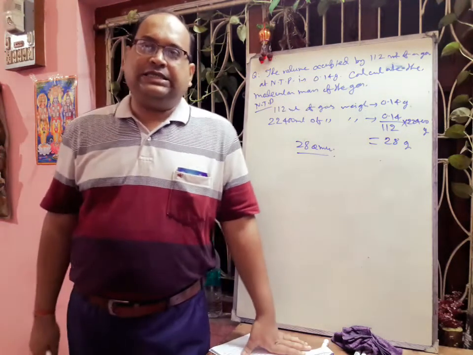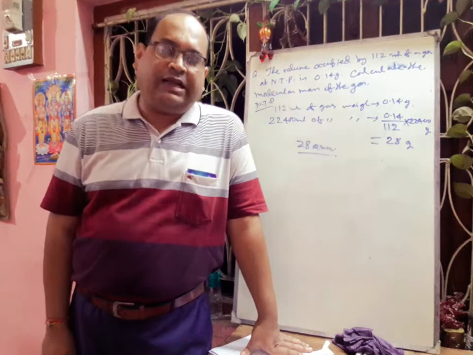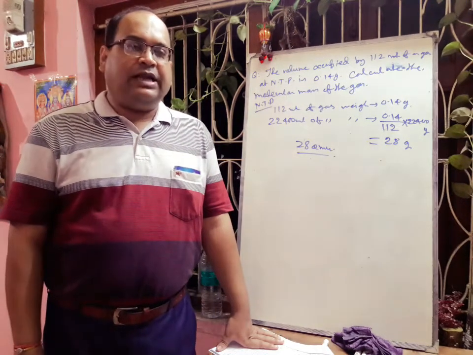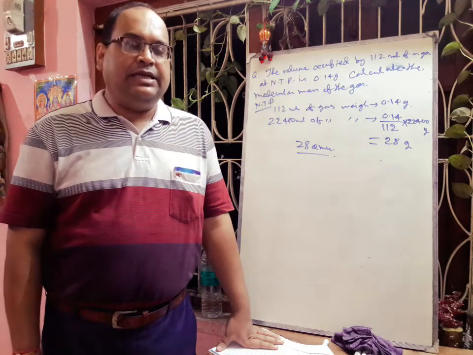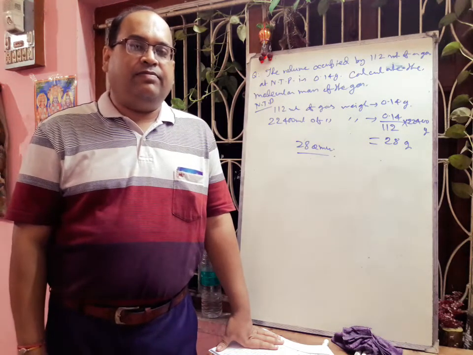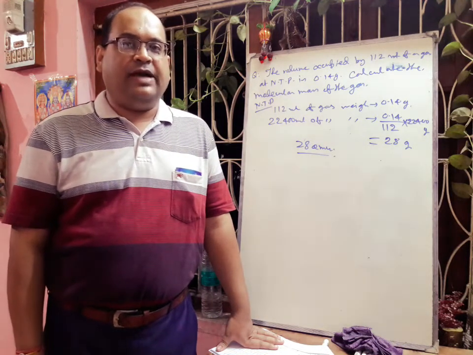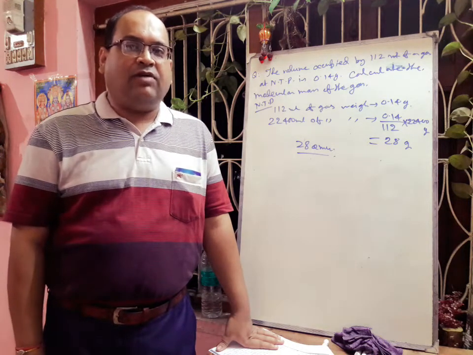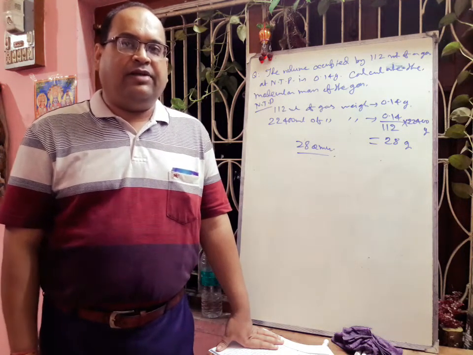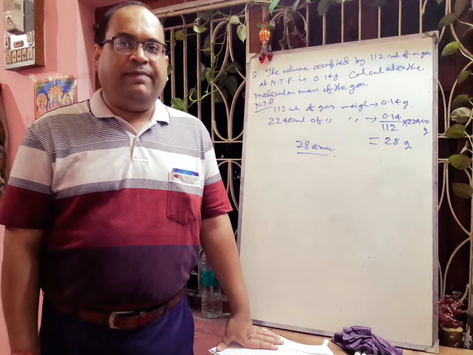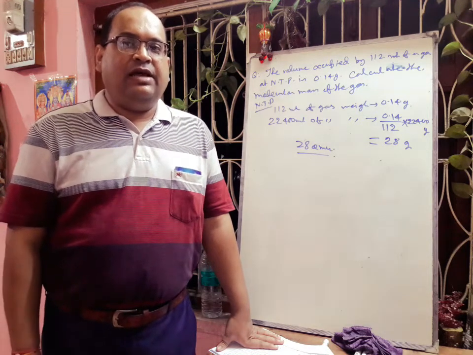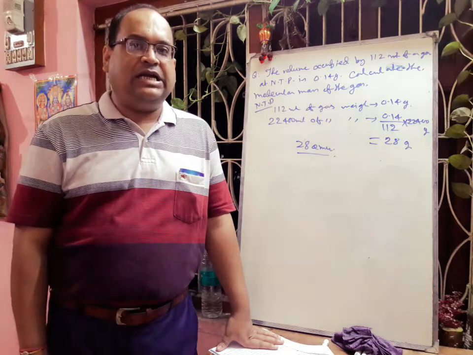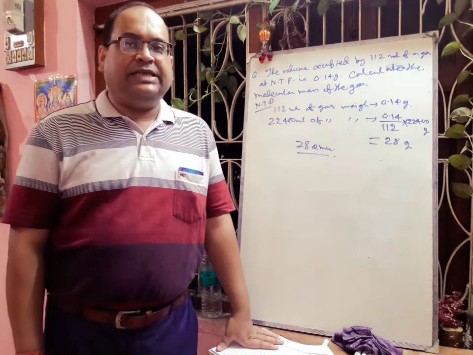Next we will discuss the molecular mass of a volatile substance. The molecular mass of a volatile substance can be easily determined by one popular method, that is called the Victor Meyer method. A known weight of the volatile substance is converted into vapors by dropping in a hot tube. The vapor displaces an equal volume of air which is collected over water, and the volume is measured at the observed temperature and pressure.